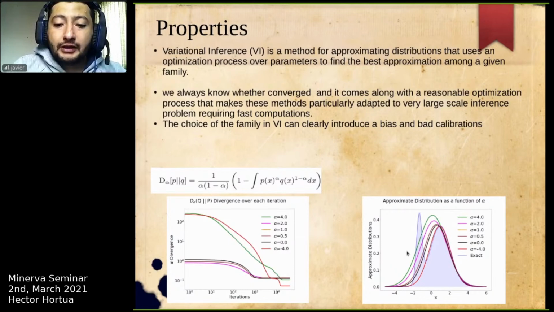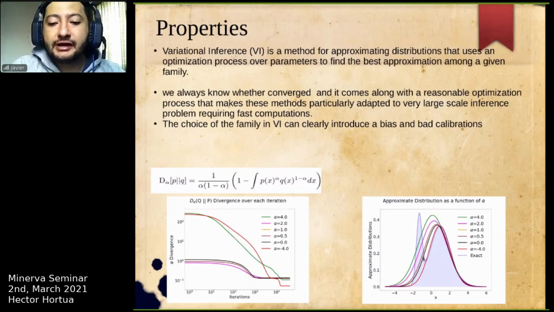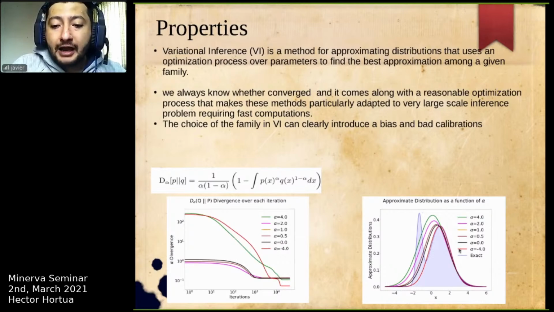So here I want to show you one of the problems that maybe provide bad calibration in this variational inference. In this case, I show you the target. Suppose that we have a target with a bimodal distribution that you can observe here, and then we want to use different divergences, so different parameters of alpha, and you get the results when we are assuming that the approximate posterior is a Gaussian.